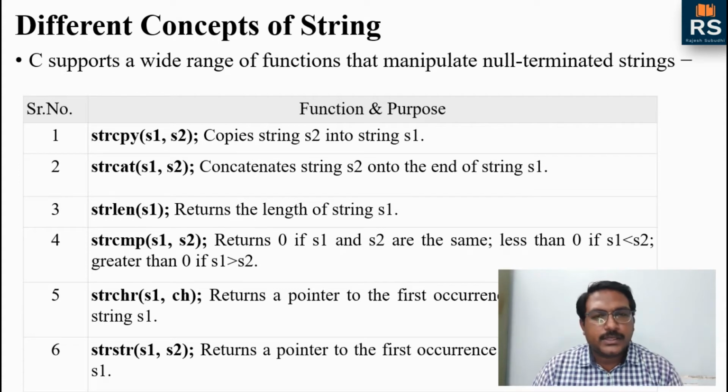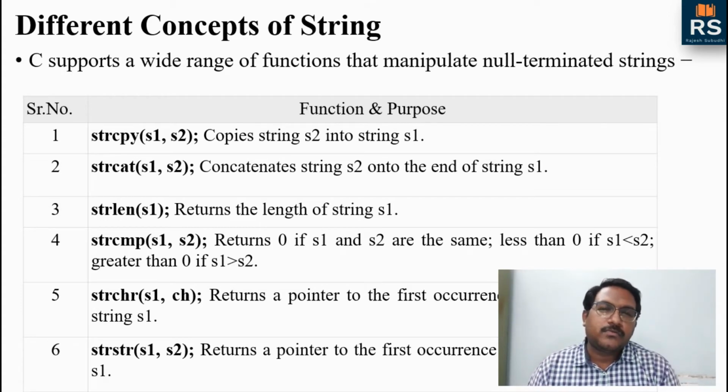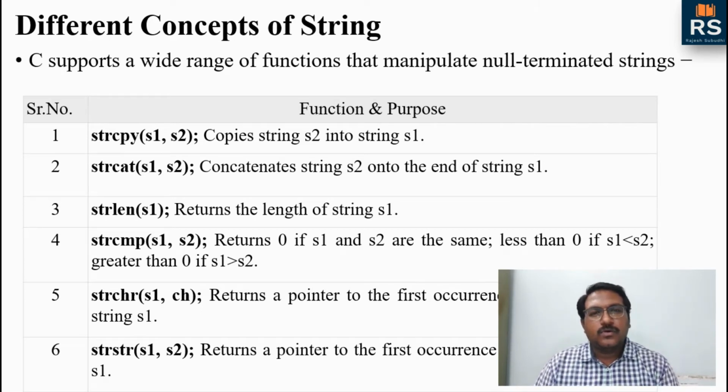To work with strings in C, we have multiple library functions. So why do we have so many library functions to work on strings?